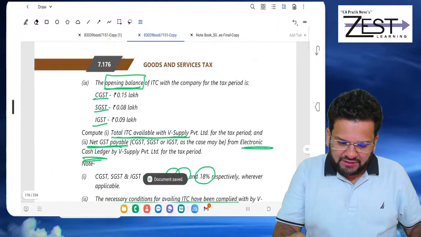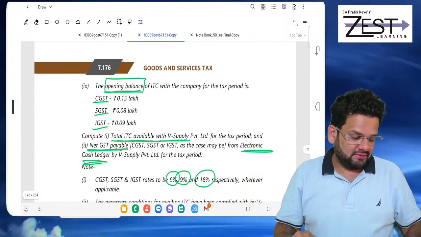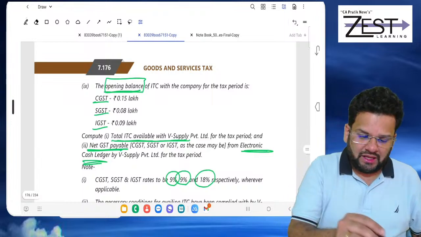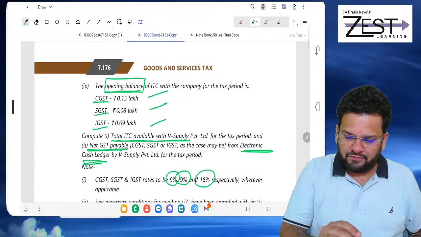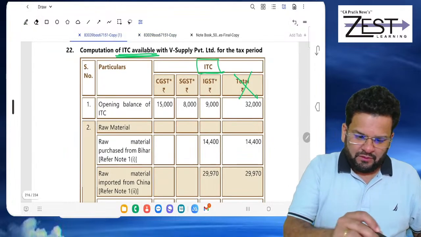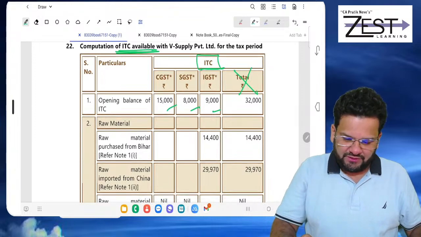See the opening balances and write entire figures, not in lakhs. In short, you will take 15,000, 8,000, 9,000. Check. So see, 15,000, 8,000, 9,000 are opening balances.